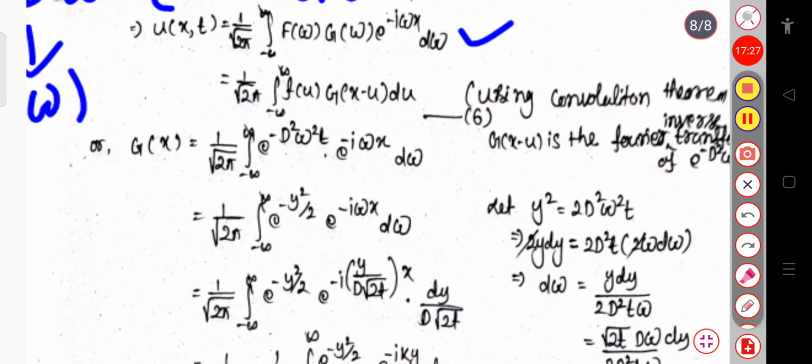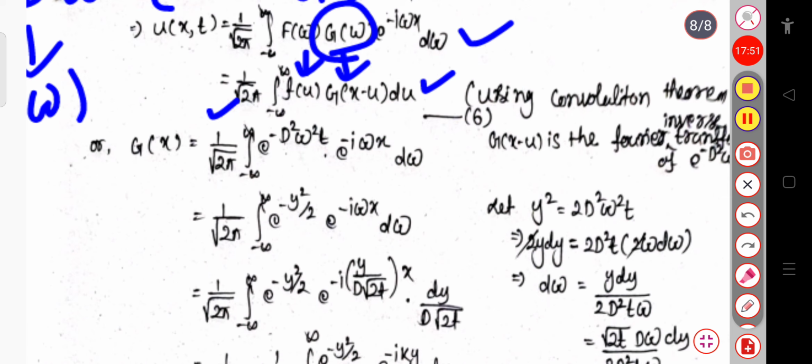Okay, now if I use the convolution theorem here, for this f of omega, when we apply the convolution theorem, this will be 1 by root over 2 pi integration over minus infinity to plus infinity f of u into g of x minus u into du. This g of x minus u is the inverse Fourier transform of the function g of omega, that is e power minus d square omega square t.